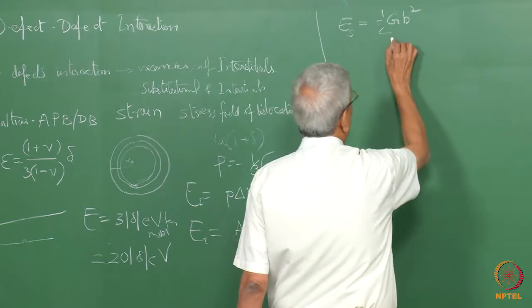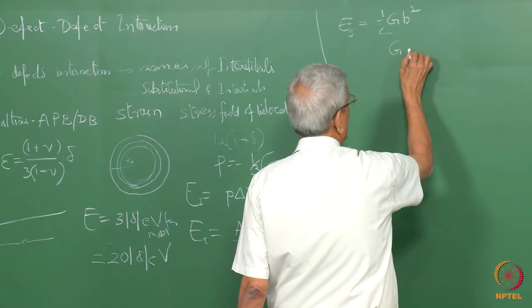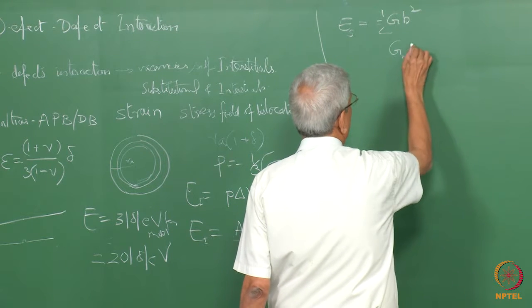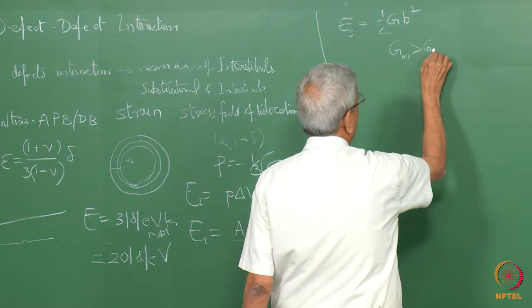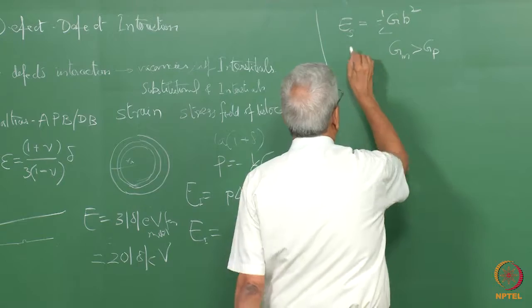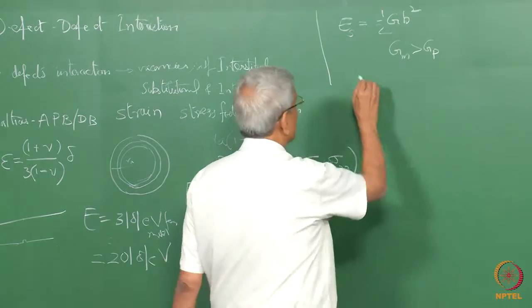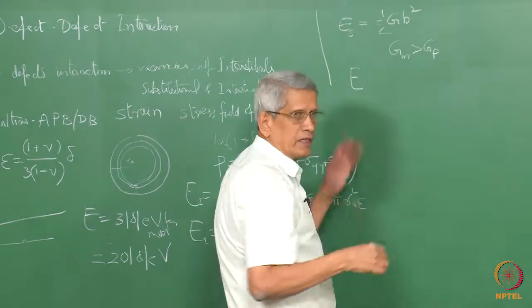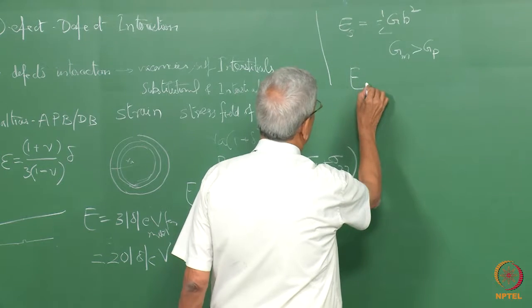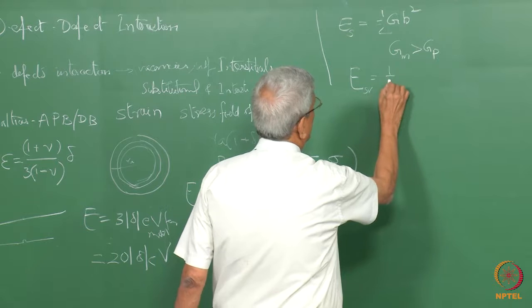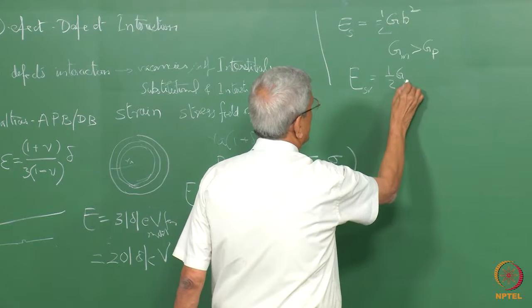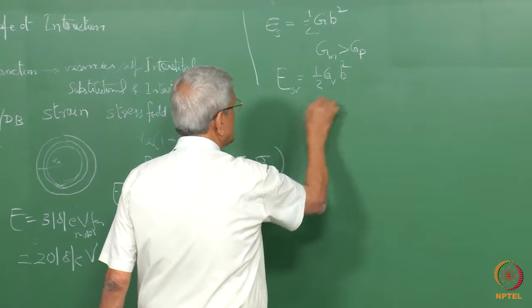Suppose the modulus of the matrix, Gn, is greater than that of the precipitate. Then the segment of the dislocation which is going to be in the vacancy, I'll put it, equals half into, that is, this modulus.